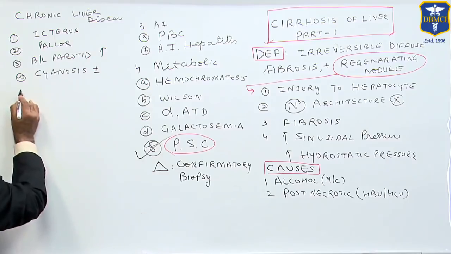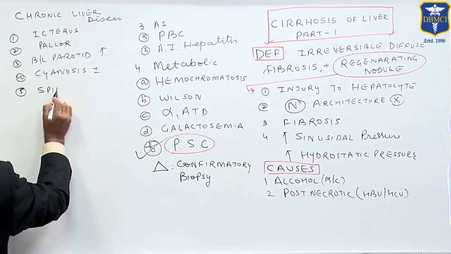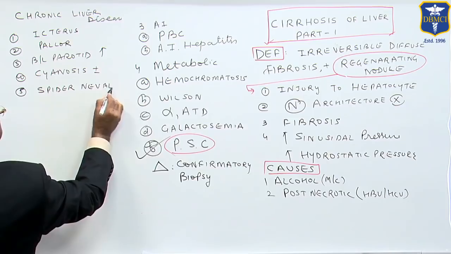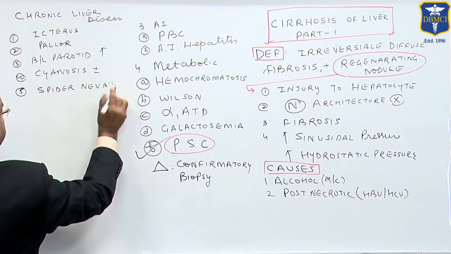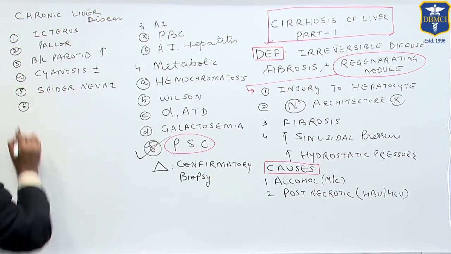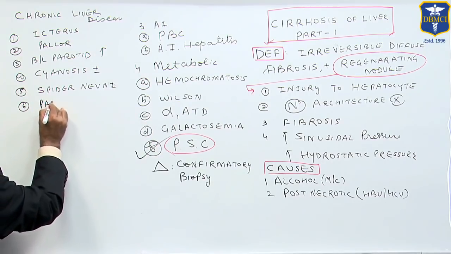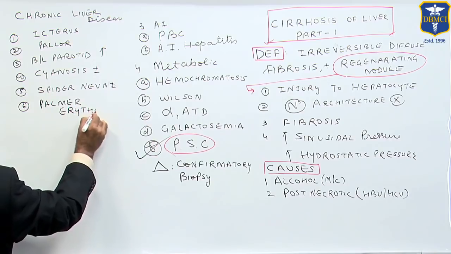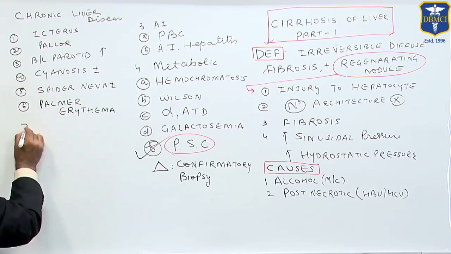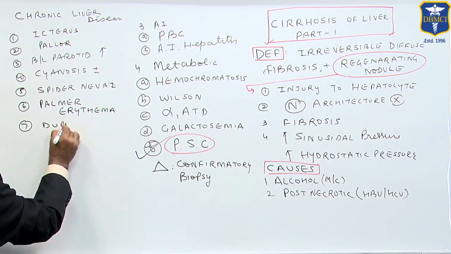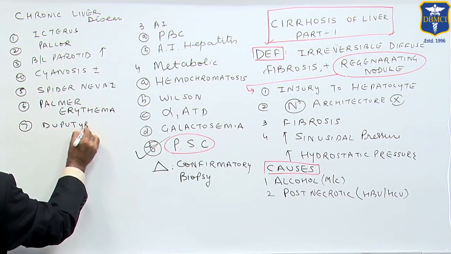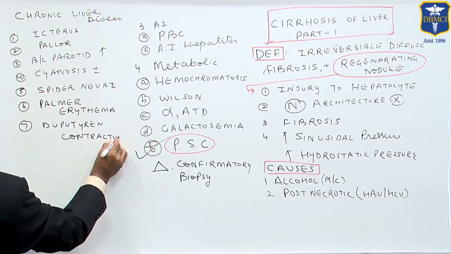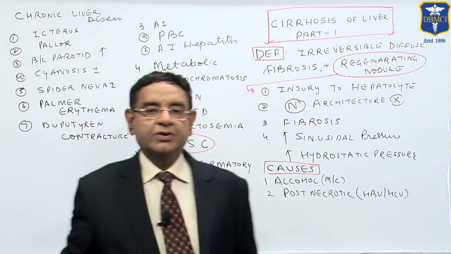Then spider nevi, palmar erythema, Dupuytren contracture, flapping tremor.